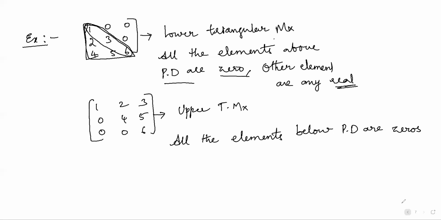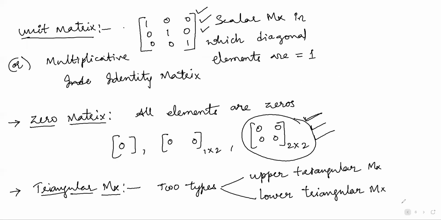Understand? Now we go back and see here the multiplicative identity matrix. Above the principal diagonal are zeros, so these three are zeros. Simply you can say this is a lower triangular matrix. These three are also zeros, therefore you can say it is an upper triangular matrix. Therefore, your scalar matrix is both a lower triangular matrix and an upper triangular matrix.